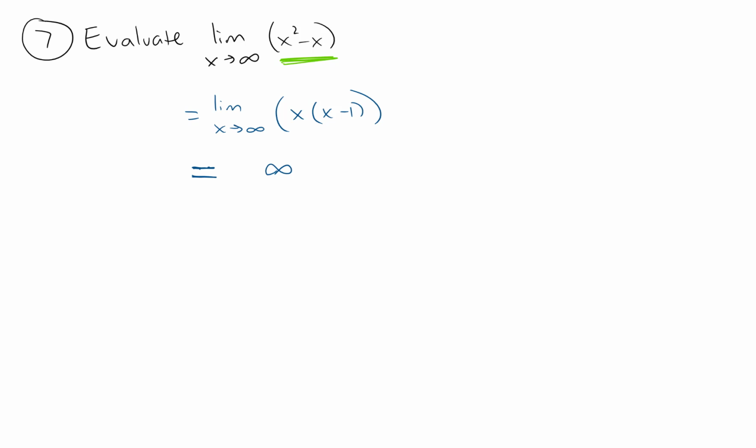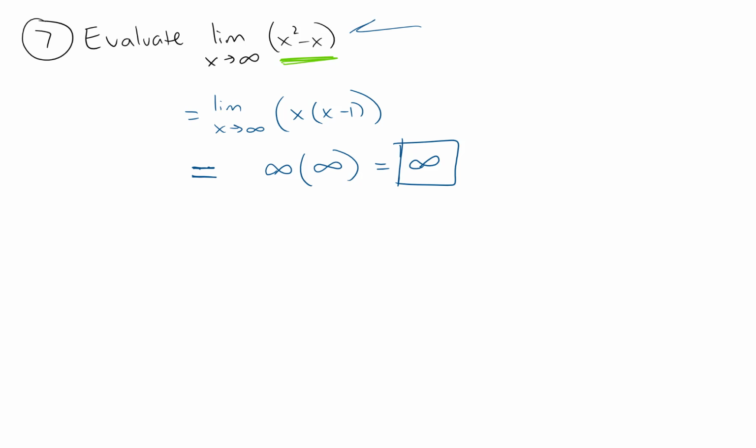So I've got my x is infinity, and then the second parentheses, x minus 1. Infinity minus 1 is still a really, really big number. It's still infinite. And then infinity multiplied by infinity, a big number times another big number, is still a really, really big number. So our answer here is indeed infinity.